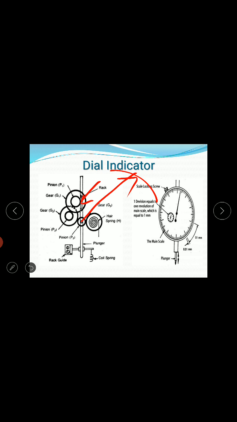Pinion 3 meshes with gear 3, and on that gear 3 there is a hairspring. A guide is there, which helps the movement of the plunger.